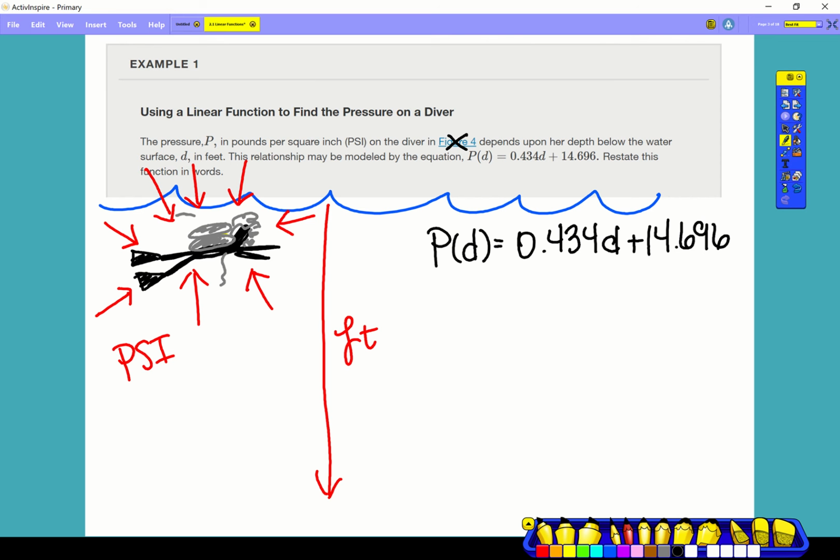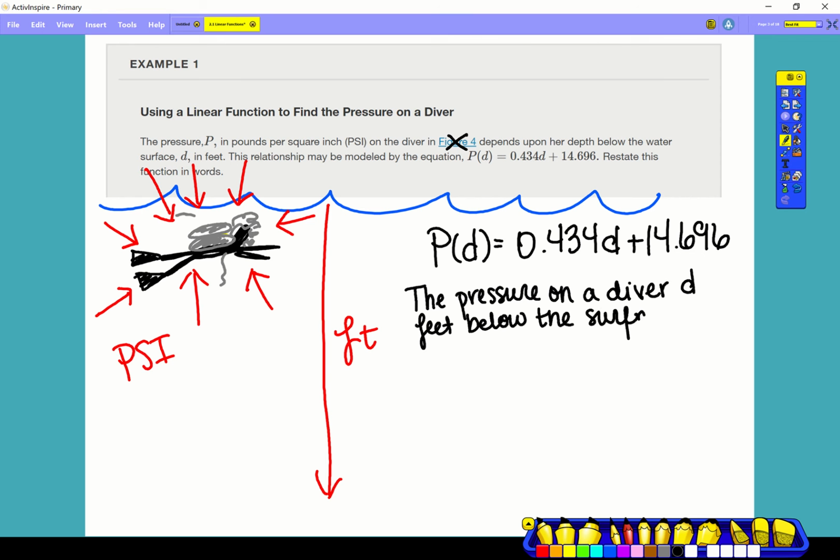So we're going to restate this function in words. Oh, this might be long. So if D is the depth below the water, we could start out with the pressure on a diver D feet below the surface of the water.